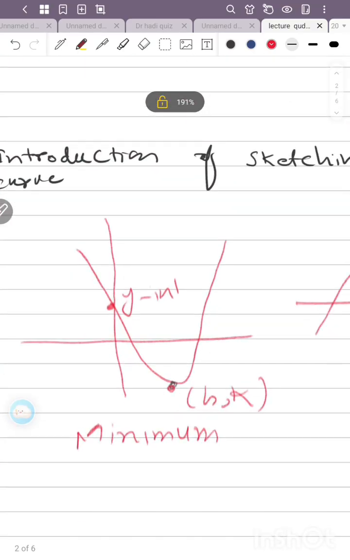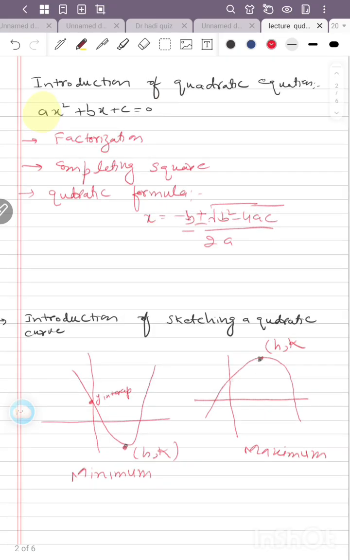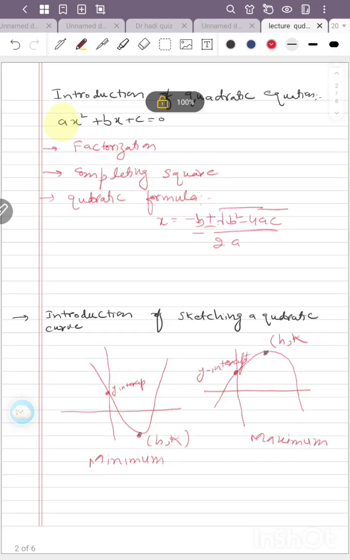How do I write it? We say y-intercept. Similarly, this is also the y-intercept. Now using all these, we will discuss its nature.